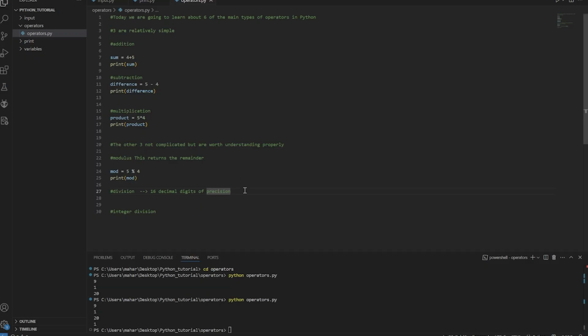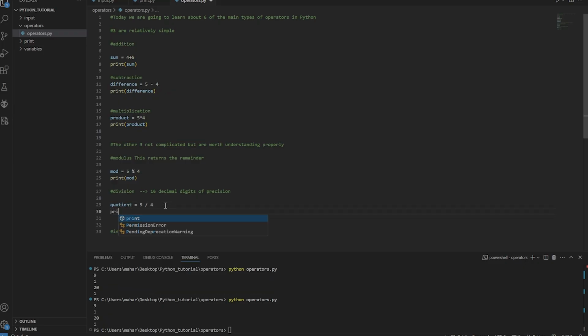Next is division, and division is exactly what you'd expect. So, quotient is equal to 5 divided by 4, and the slash is our division operator, and this should be 1.25.